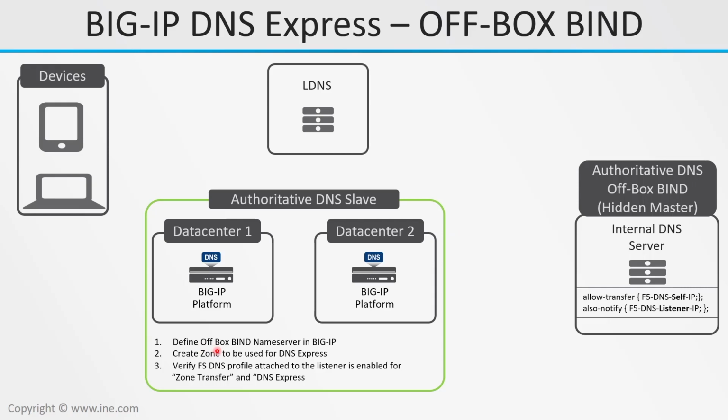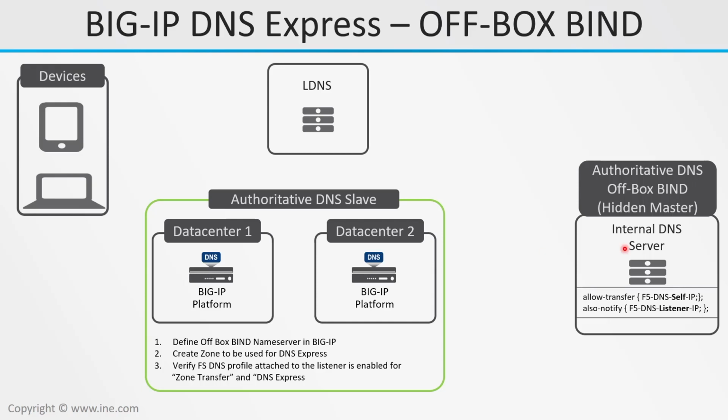So step 1, we define the off-box BIND name server in the F5. It's basically an IP object that references our internal DNS server. Next, we'll create a zone. Now we can choose a zone that we want to pull from the internal DNS server. So in our specific example, we're going to be using the f5demo.com zone.